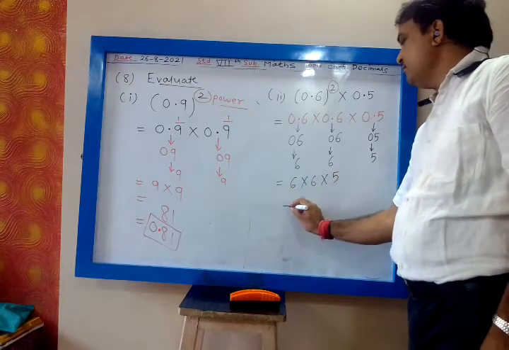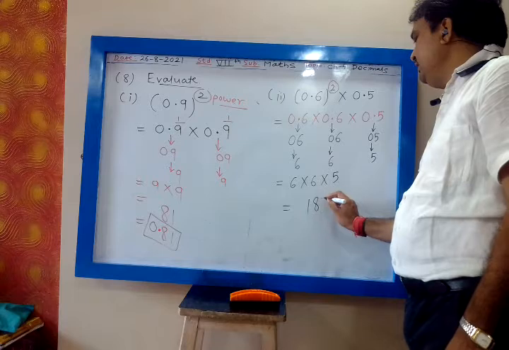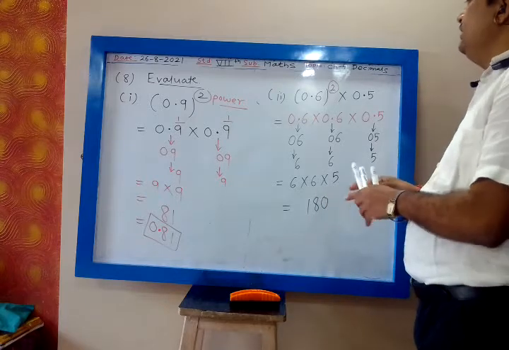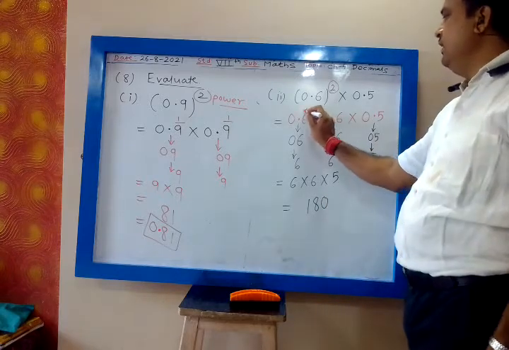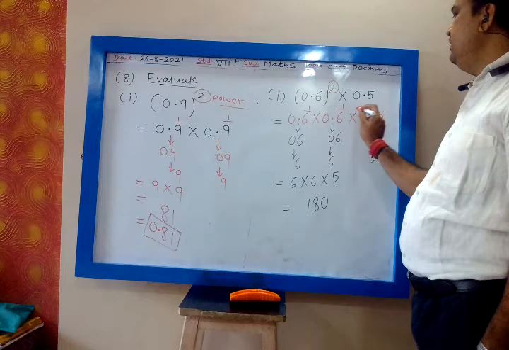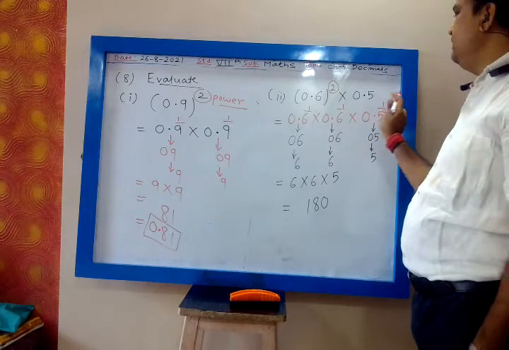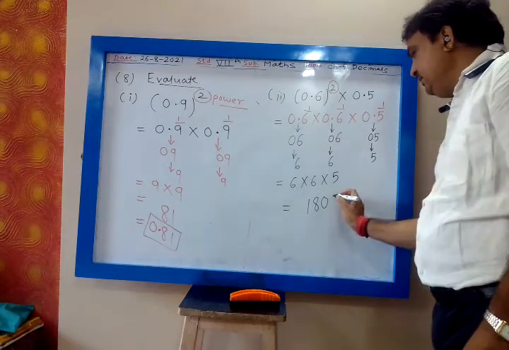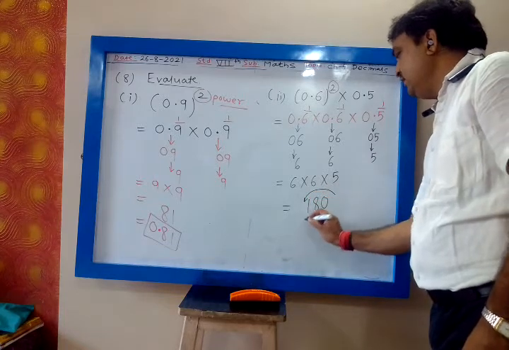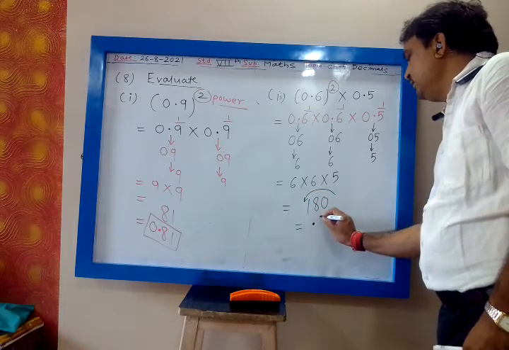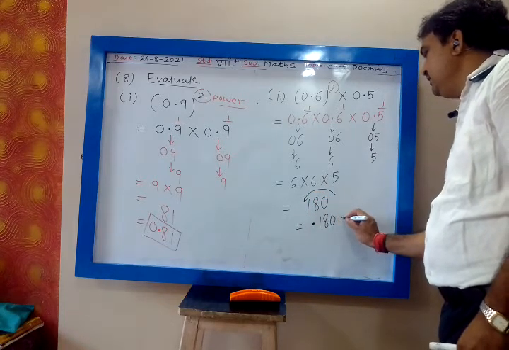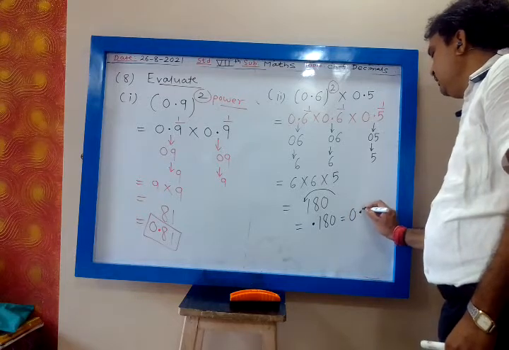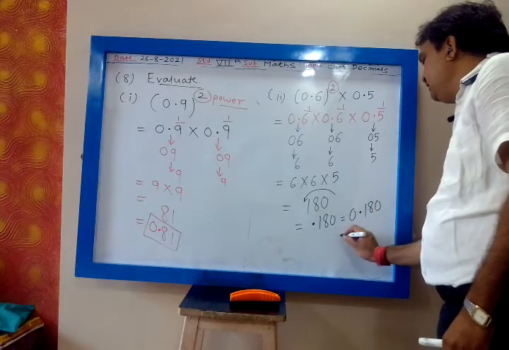That is 180. Now you have to place the decimal. 1 digit each, so 1 plus 1 plus 1 is 3. So place the decimal after 3 digits. That is 0.180, which is the same as 0.18.